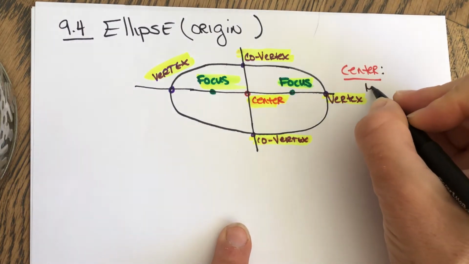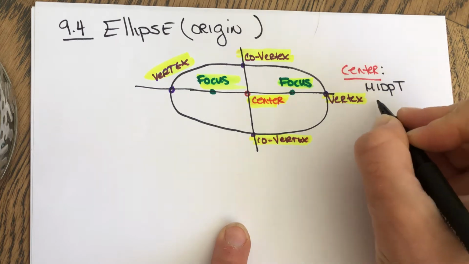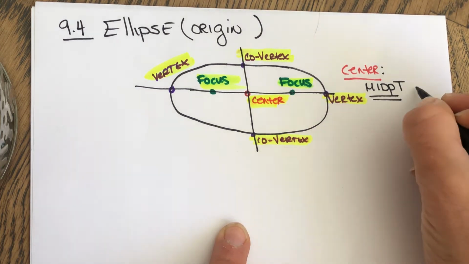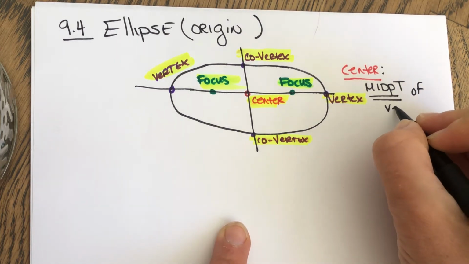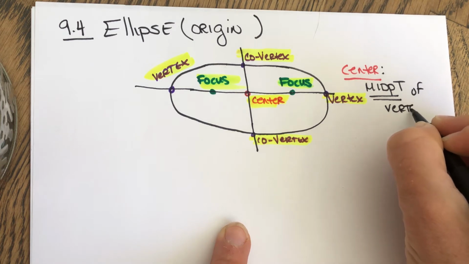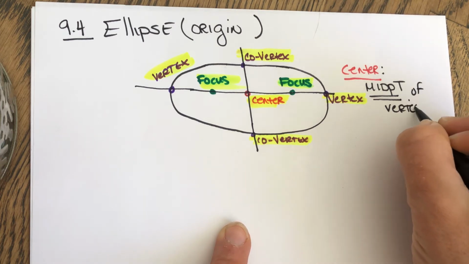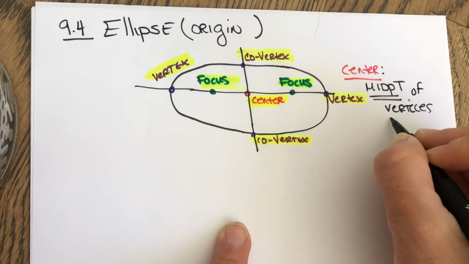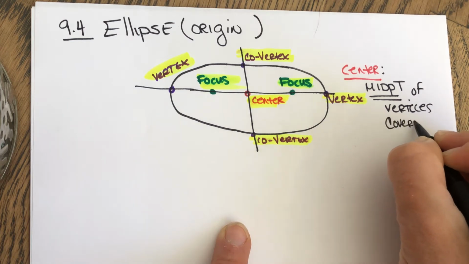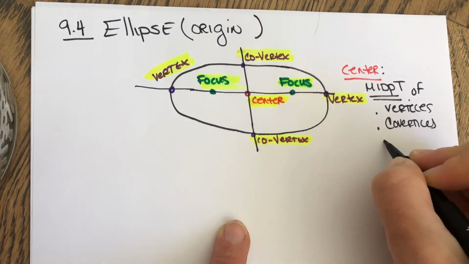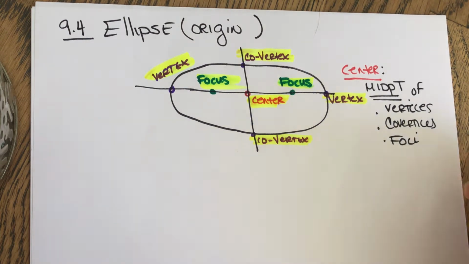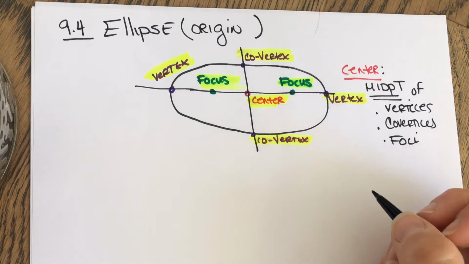So let's write some things. Center. The center, because we're going to have to find that sometimes, is the midpoint of everything. It's the midpoint between your vertices. It's the midpoint between the covertices. It's the midpoint between the foci. So it's the midpoint between every one of them. So obviously you can figure it out however you want.